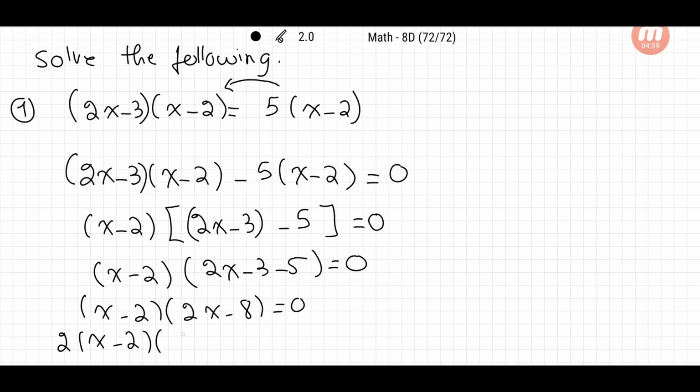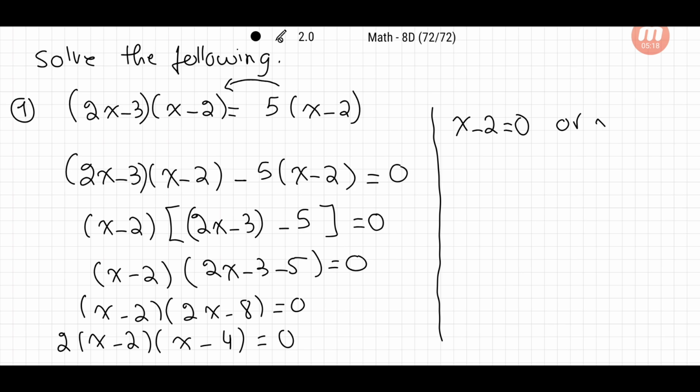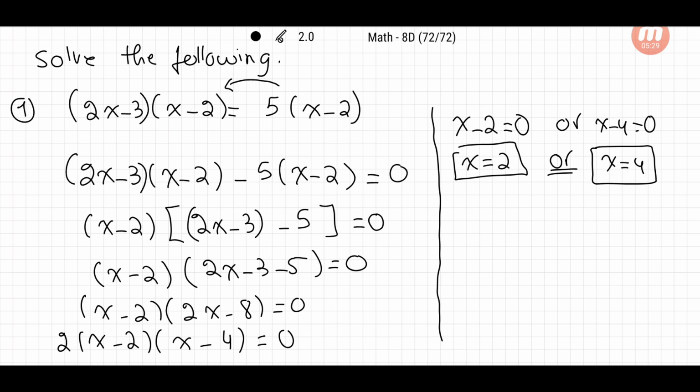So 2(x minus 2)(x minus 4) equal to 0. Now I solve it by taking either x minus 2 equal to 0 or x minus 4 equal to 0. So x equals 2 or x equals 4.